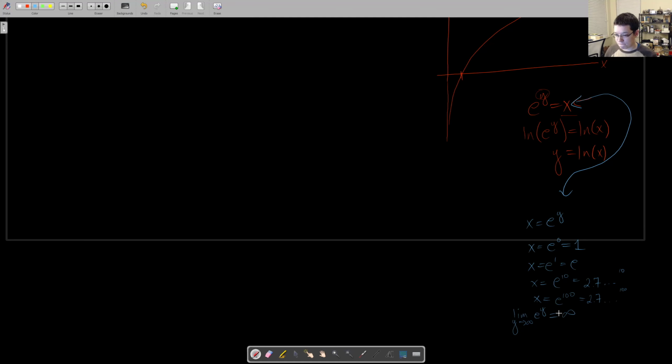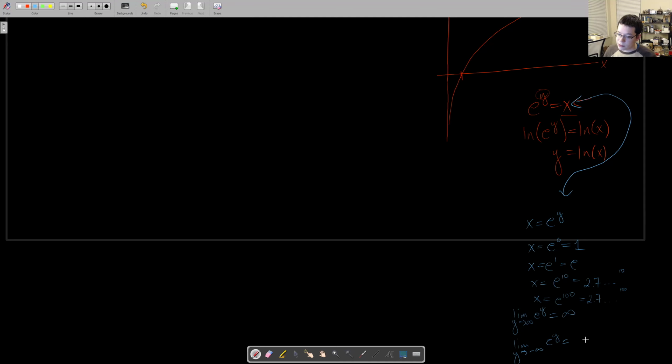Okay, so that tells us something. What about if we go the other direction? We plug in negative infinity. So the limit as y goes to negative infinity of e to the y.